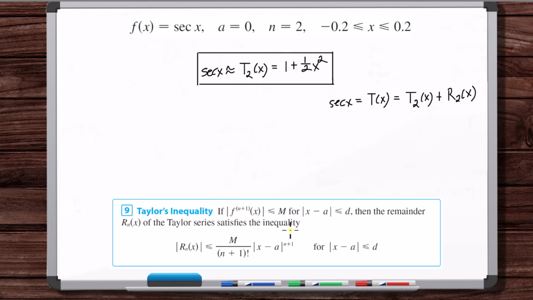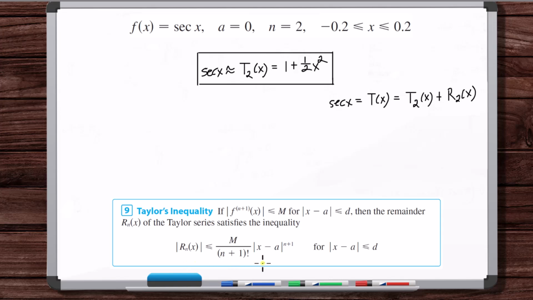All right, so if you look here, this is what we want. This is what Taylor's inequality is going to give us. But if you look at the upper bound, well, we already have n. We chose n. We already have a. We picked a. And we know d as well.